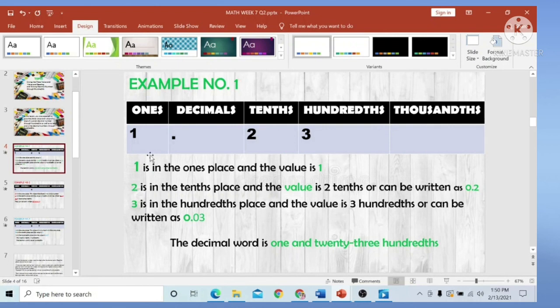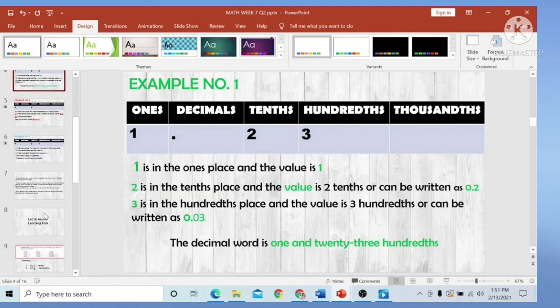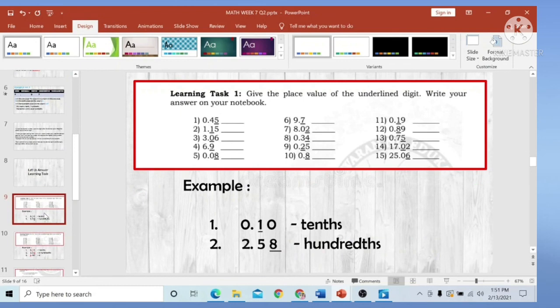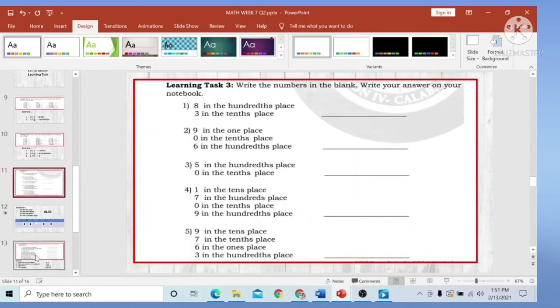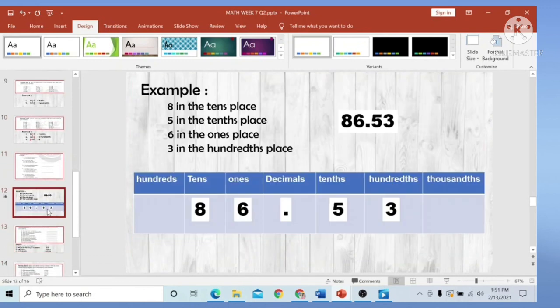And before the decimal, yung ones, tens, hundreds. Okay? So, ito po yung mga learning task natin for this week. Tignan na lamang po ang mga example ng kada learning task.